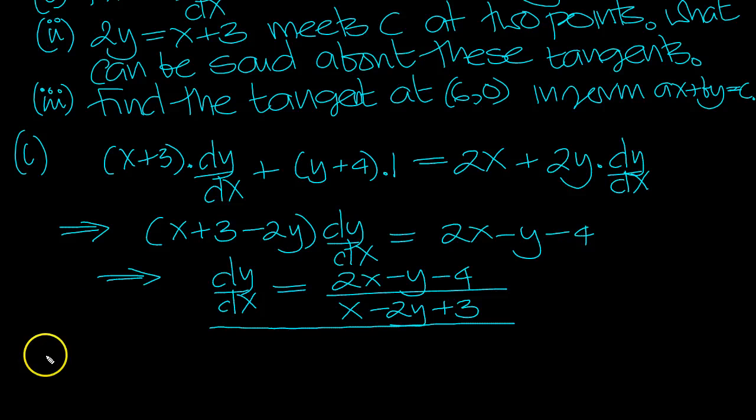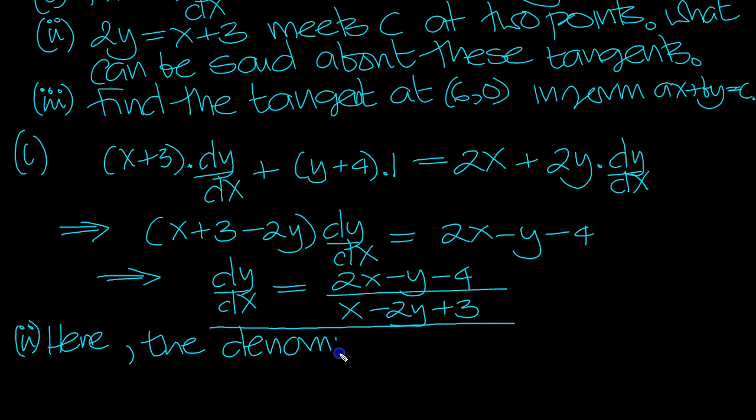Part 2. Here, what can we say? This 2y equals x plus 3. See this? x plus 3 minus 2y, that will be 0, won't it, if you move the 2y over? So the denominator is 0.